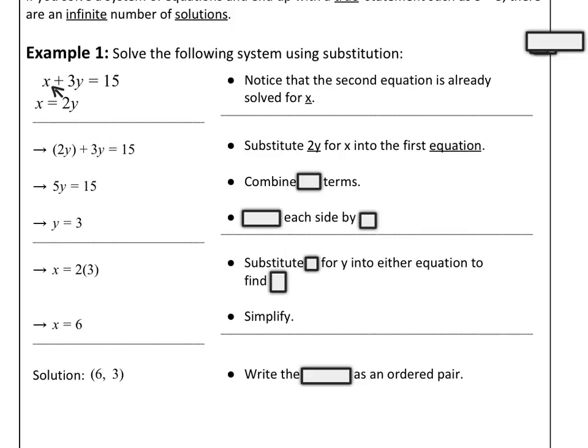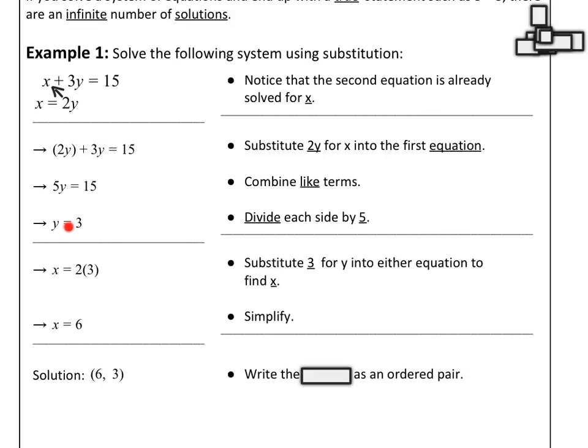Now we want to solve like normal, meaning we're going to combine like terms. 2y plus 3y is 5y equals 15. Then we want to divide each side by 5. Divide the left by 5, divide the right by 5. That'll give us y equals 3. Now that we know what y is, we want to substitute 3 for y into either equation to find x.